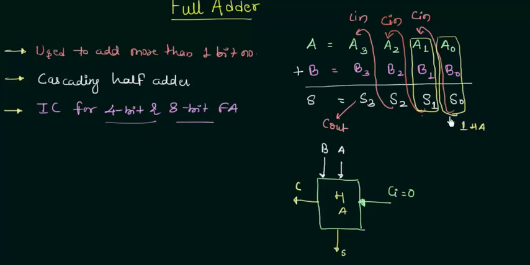Let's give them names: this is half adder 1, this is half adder 2, and the carry generated will again be given to the next half adder. Till now you have guessed that we are going to use 4 half adders to get a 4-bit full adder. It will be obtained by cascading 4 half adders.